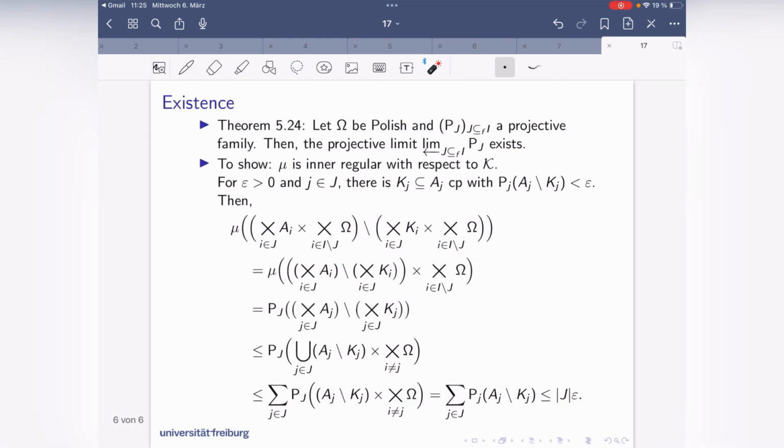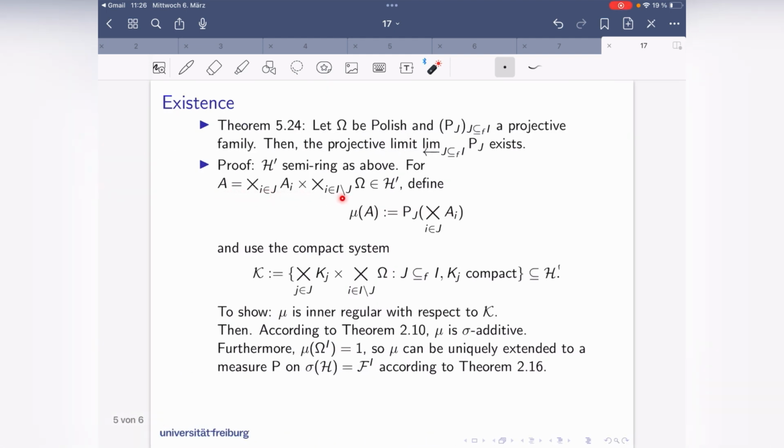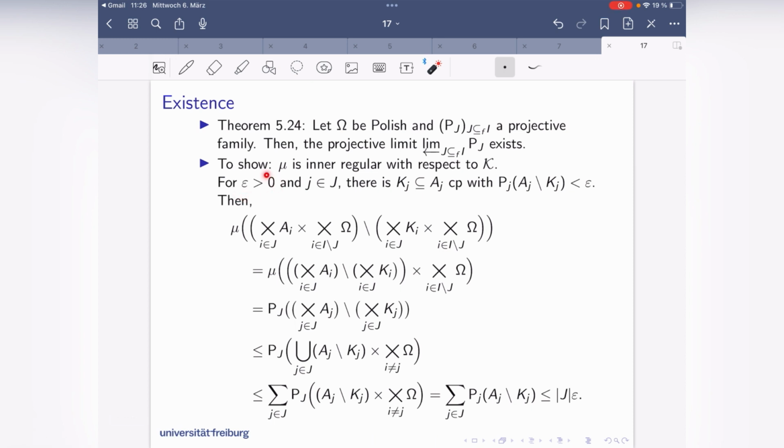That's the deal. So why is mu inner regular with respect to K? Inner regularity means we pick an epsilon and some A in H prime. So A was this here. We have to see if we find a K in this system here, such that K is a subset of A, and the difference, mu of A without K, has a measure less than epsilon.